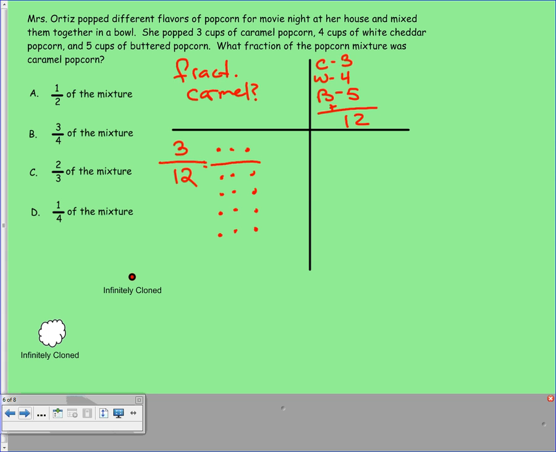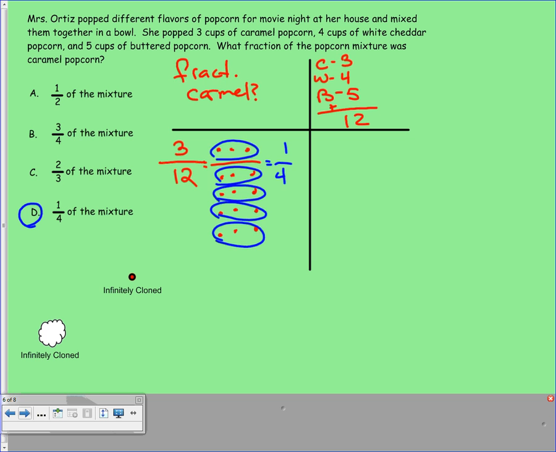I always like to group my denominator the same way that I group my numerator, just in case it works out that way. In this case, it actually does. So I'm looking at groups of 3. Can I make groups of 3? In fact, I can. I've got one group of 3 on top and 4 groups of 3 on bottom. So my answer here is D, 1/4 of the mixture.